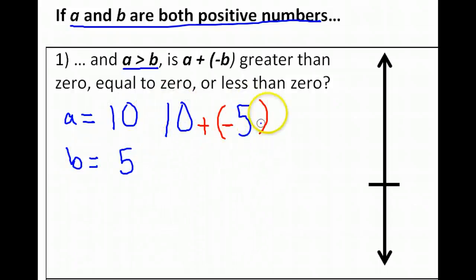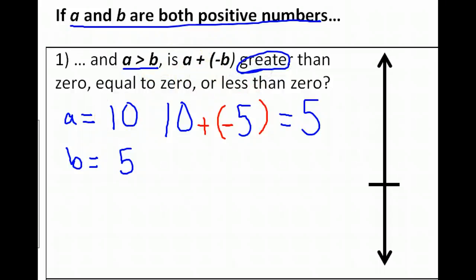So 10 plus negative 5, I know the answer is 5. So what I've done is, it's a great shortcut. It got me through many math tests that I couldn't remember how to do stuff. I use concrete numbers to replace variables. And what I've shown is that if I have a number A that's greater than B, when I add a negative B to A, my answer will be greater than 0.